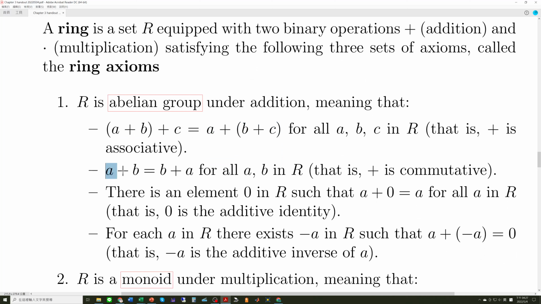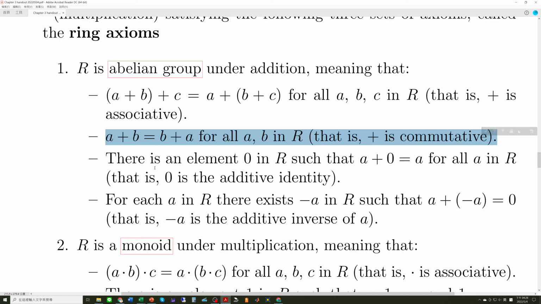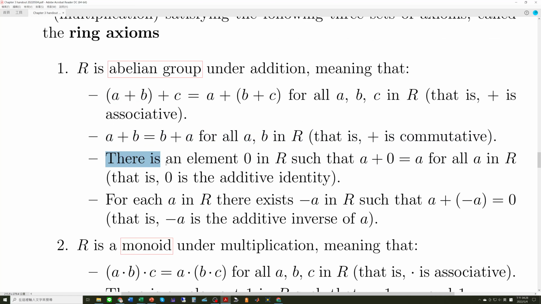Second, A plus B is equal to B plus A for all A, B in R. That is, plus is commutative. Third, there is an element 0 in R such that A plus 0 is equal to A for all A in R. That is, 0 is the additive identity.